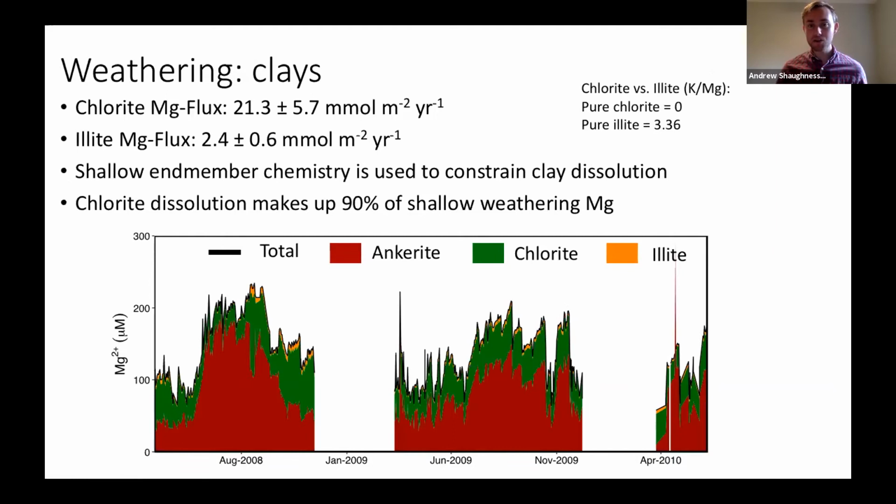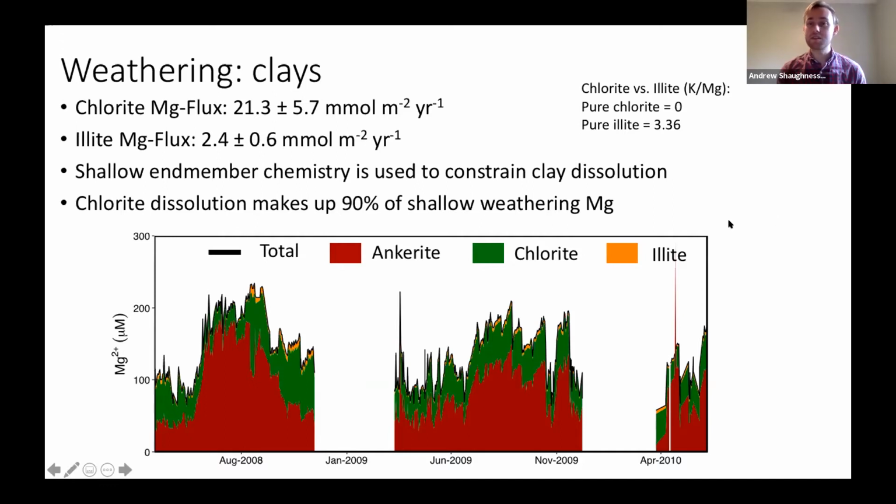Great, I'm not going to go into a ton of detail on this slide, but we can also break down the shallow weathering end member into the different clays that dissolve. This is that same ankerite curve we saw in the last plot, but for the magnesium component of ankerite. Then we have two other magnesium-bearing minerals at Shale Hills, chlorite and illite.